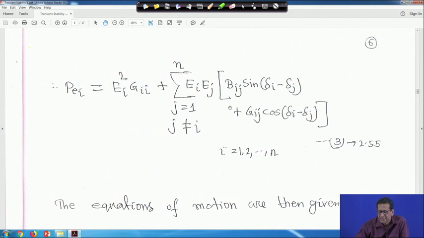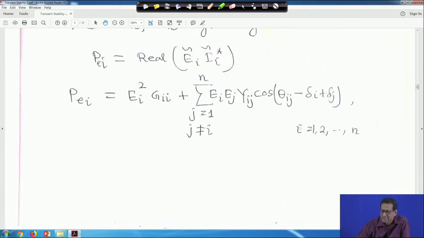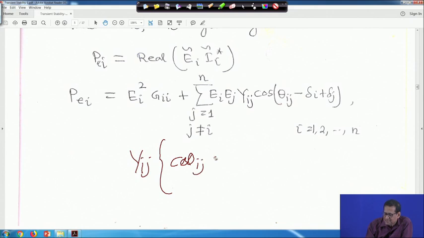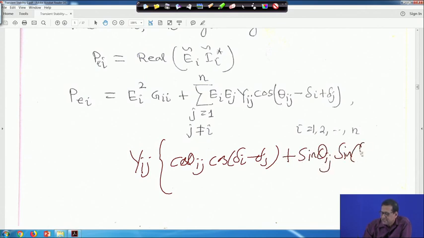This one we can write as E i E j, b ij sin delta i minus delta j plus g ij cosine delta i minus delta j. When you are expressing this, say y ij, cosine theta ij cosine delta i minus delta j plus sin theta ij sin delta i minus delta j.